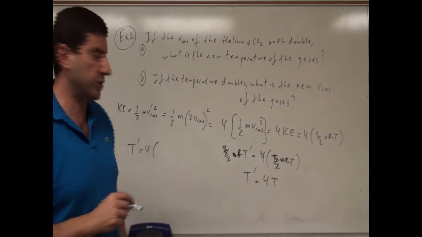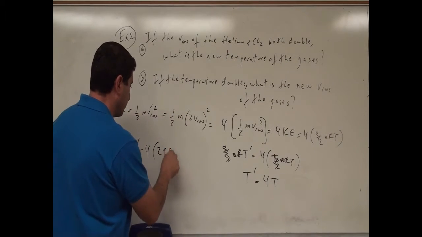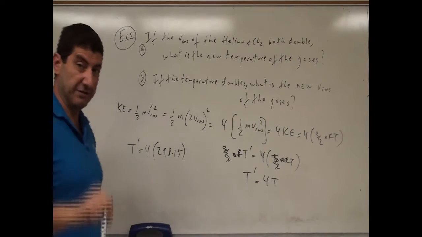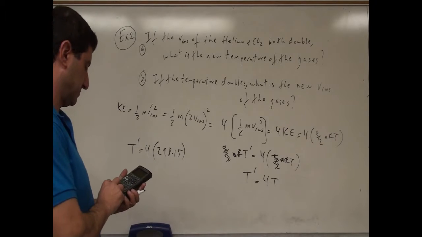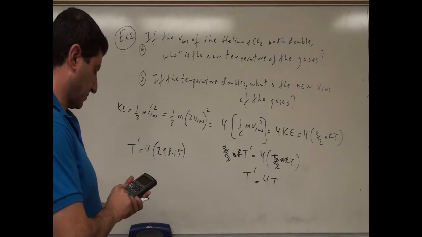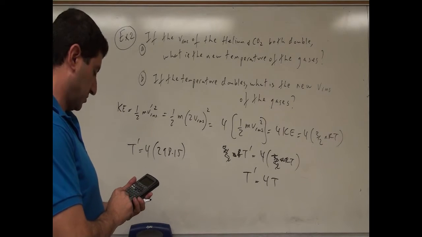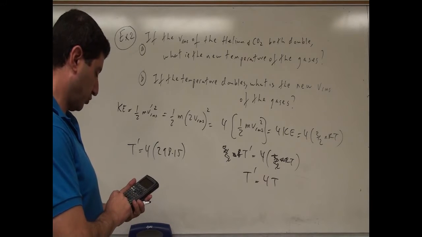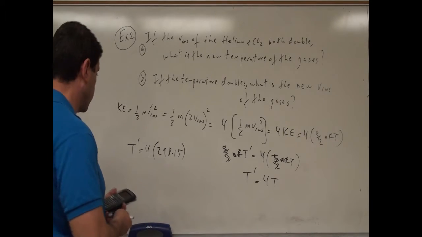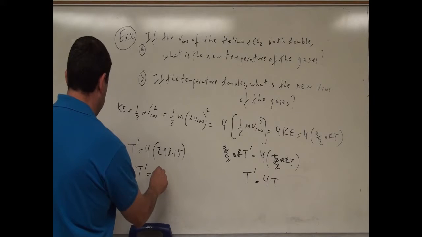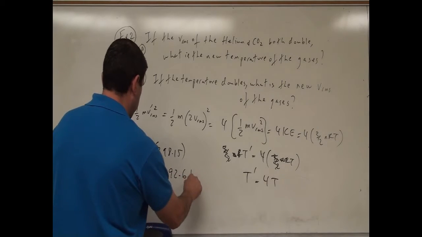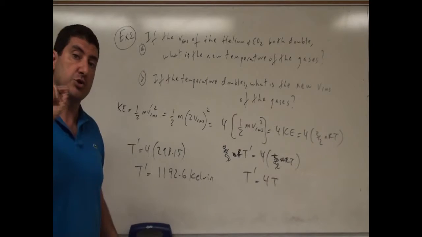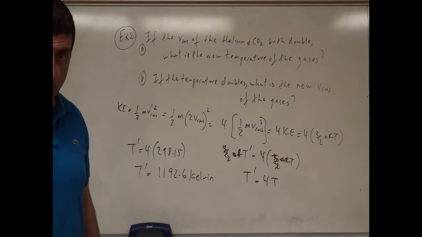The temperature was 298.15 Kelvin, so I'm going to quadruple that. 4 times 298.15, and the new temperature is going to be 1192.6 Kelvin. So the temperature in the Kelvin scale quadruples.